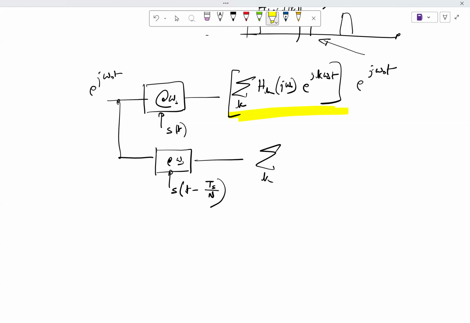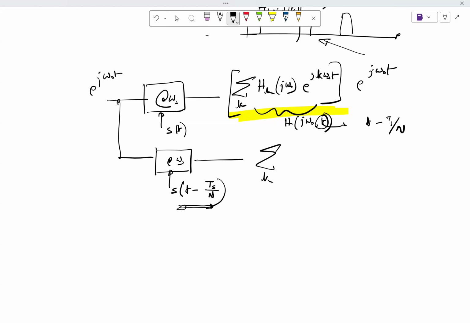What do we expect to change? The exponent we expect to change, right? Another way of thinking about it is that this is h(j omega naught, t). This t is going to change because the variation is because of the t, and the phase of the variation has changed, right? So instead of this t, I am going to write t minus Ts by n.